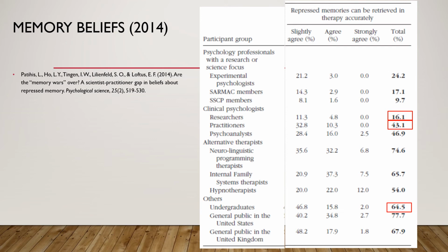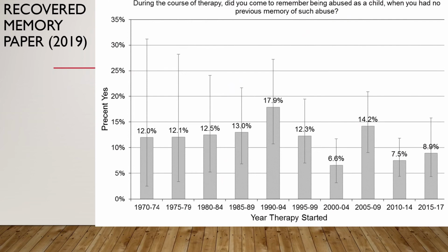Now, this is in the decade of the 2010s, right? So fairly recently. So the previous slide's results, that quite a lot of the public believe in repressed memories, raise the question of whether repressed memory recovery was still going on in the United States recently.